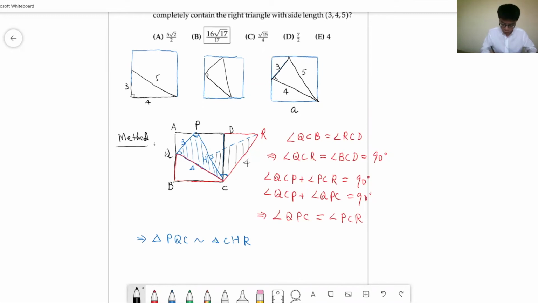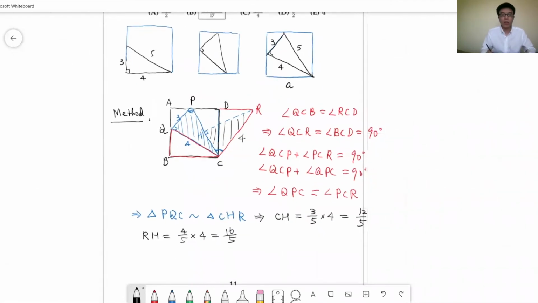So we can calculate CH is 3/5 times hypotenuse 4, which is 12/5. And RH is 4/5 times 4, which is 16/5. Okay, and we know CP equals 5. So we get that PH equals 5 minus CH.